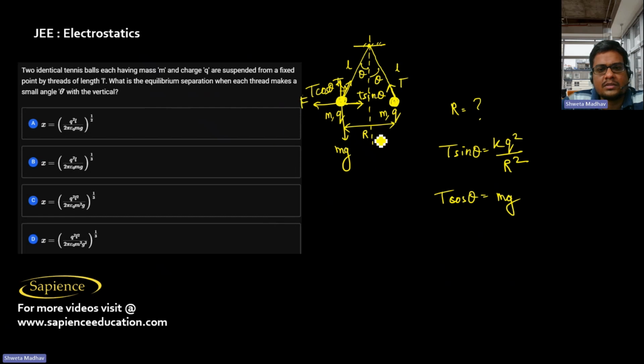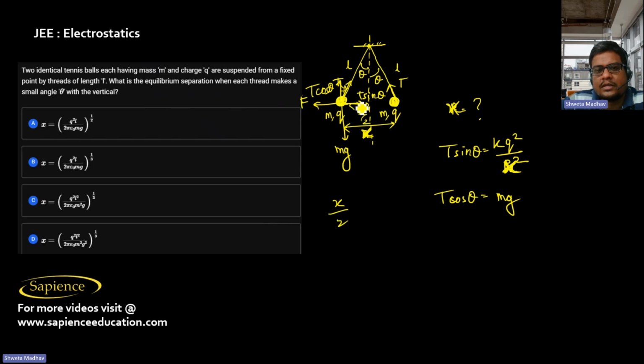The equilibrium separation, they are calling this as x, so x we have to find out. This is x square. So now this x by 2, this is x by 2.